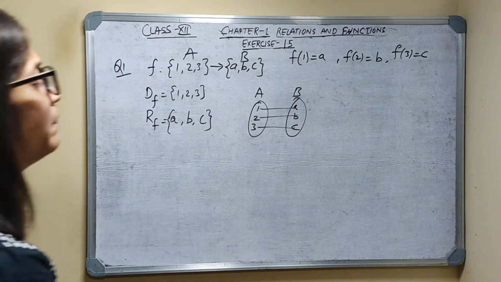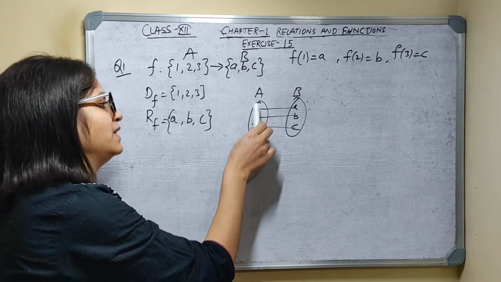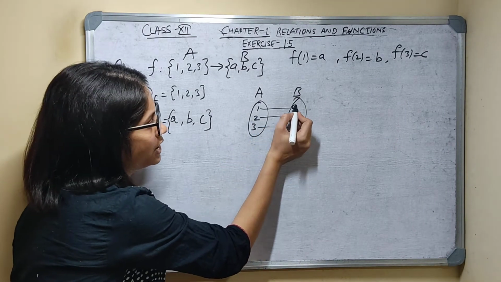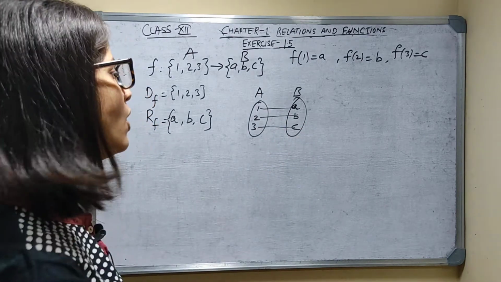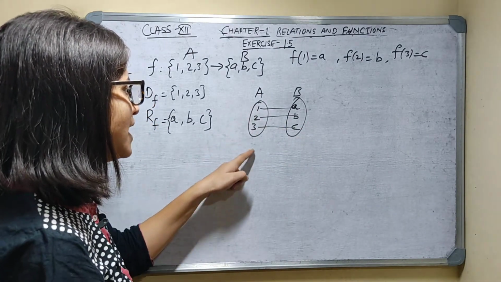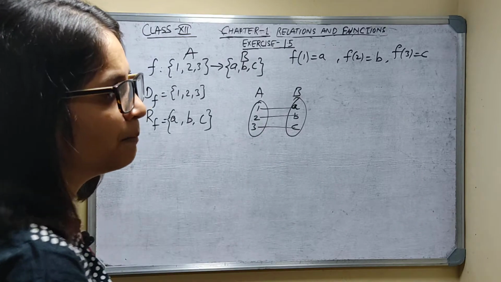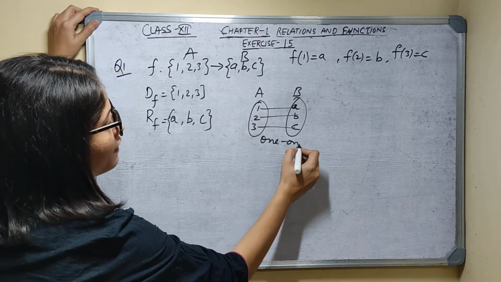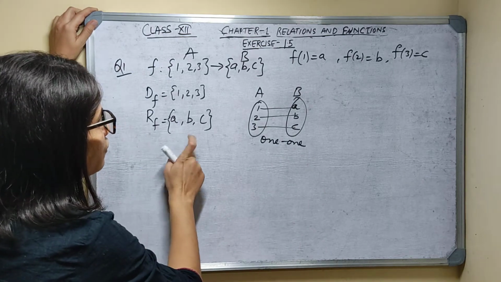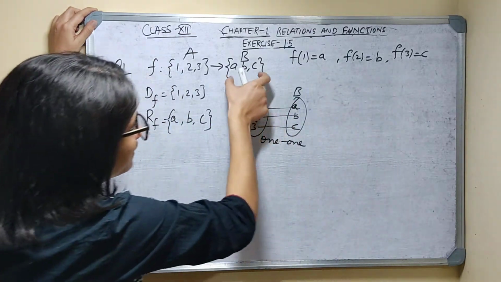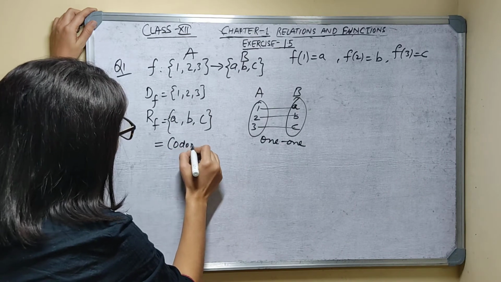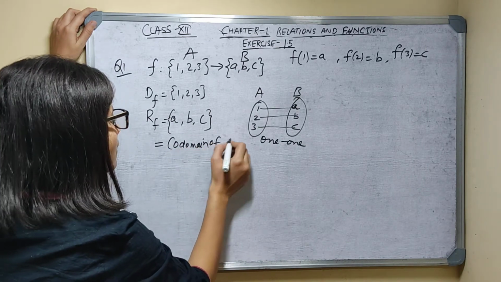So I can say here all distinct elements from domain A are related to different elements in B, or I can say all elements have different images in B. Is it clear? So this is a one-one function, and I can say here the range of the function {a, b, c} is equal to the codomain.